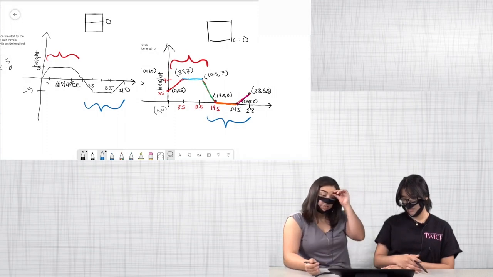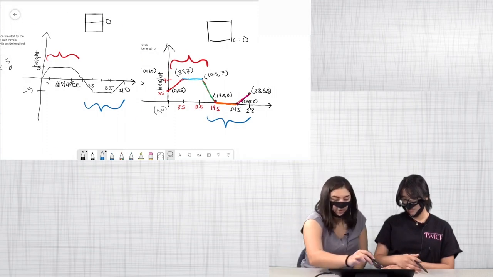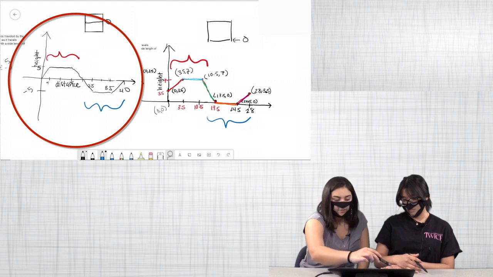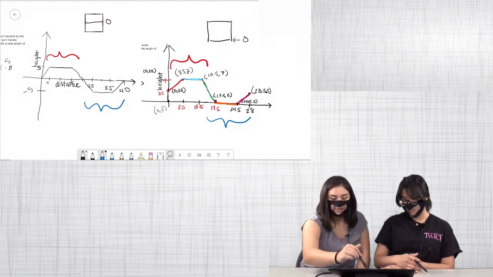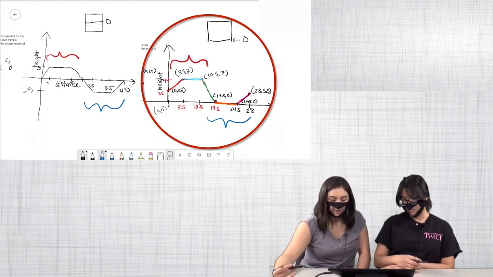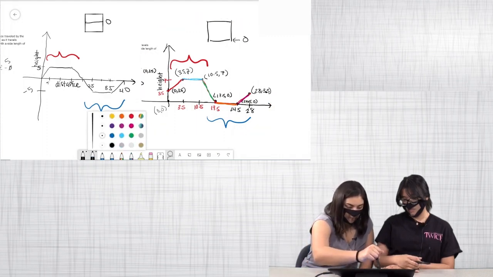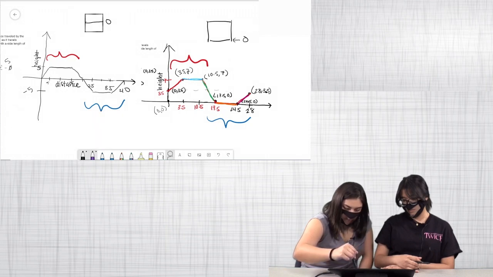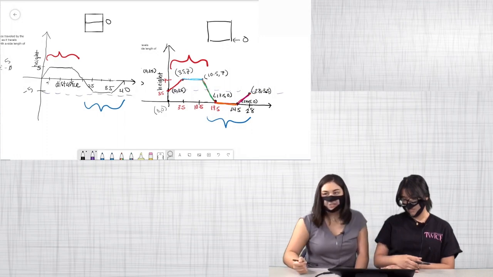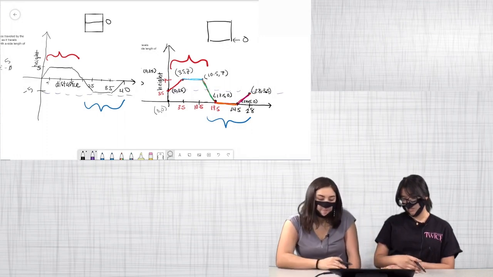So really the only difference is that this one straddles the x-axis equally, whereas this one is all in the first quadrant. But if you did this with this graph, you would have the same thing as this graph, and if you made this the bottom of this graph, it would be the exact same thing, the same shape.